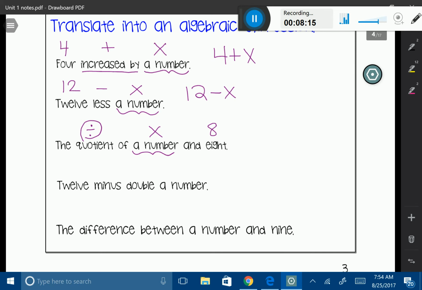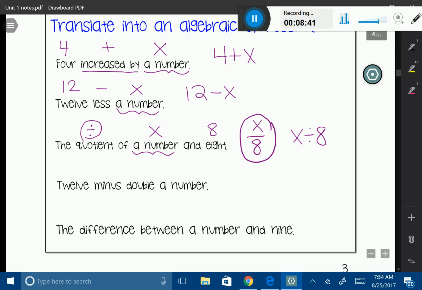So, the quotient of a number and 8, I would represent like this, x over 8. And I would appreciate it if you did represent it like this. It's kind of taking it to the next level. If you represent it the other way, it's not necessarily incorrect. It's just in middle school and in Algebra 1, we like to represent it using the fraction bar.